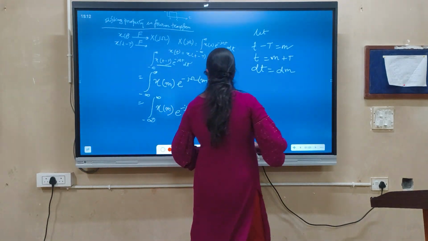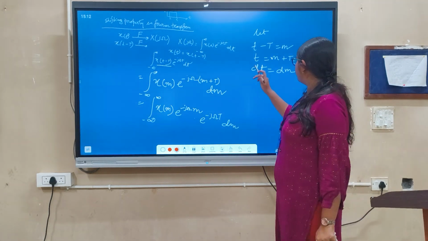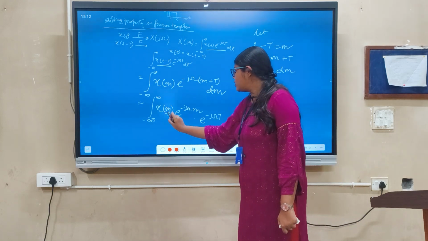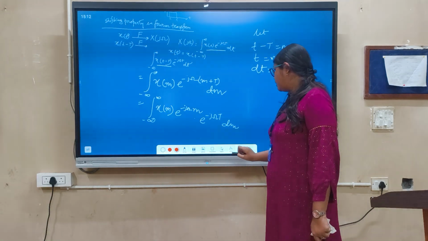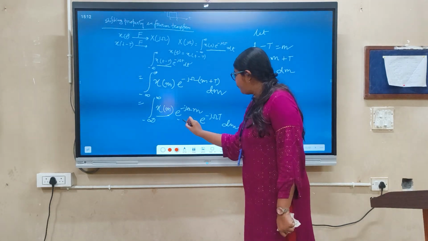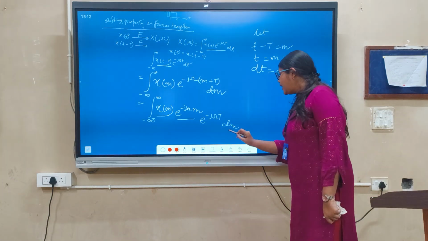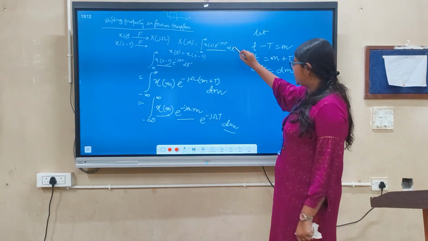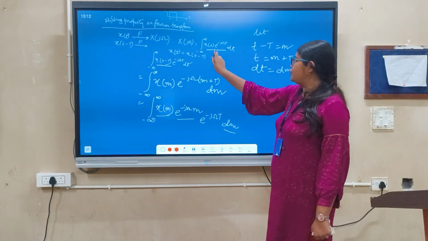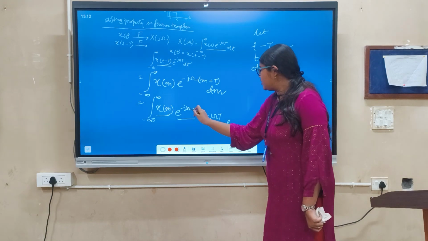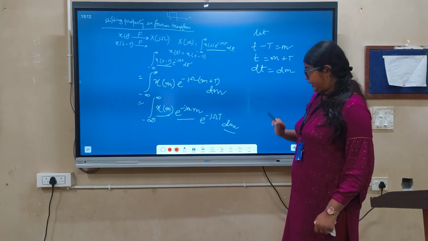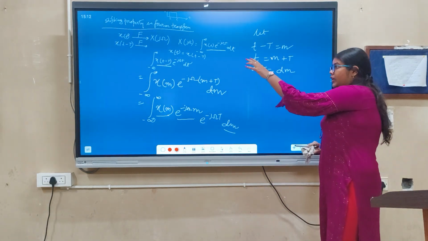So check it with this form. We get x of m here, that is x of m, e to the power minus j omega m, and dm. Now check with this one and compare. x of m is obviously x of t, e to the power minus j omega m is e to the power minus j omega t, and dm is dt.